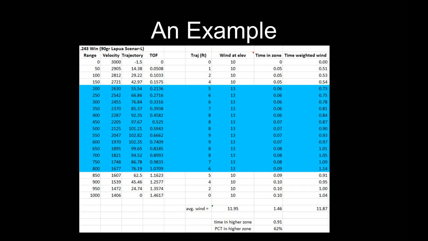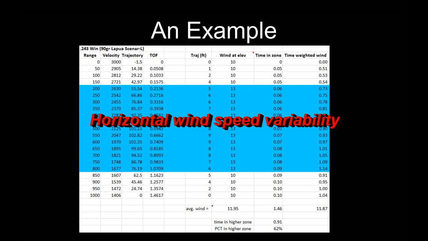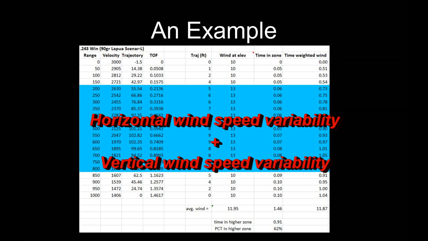Now what's even more important is to look at how much time my bullet spends being deflected at these higher wind speeds. Remember, the bullet is constantly decelerating the moment that it leaves the muzzle. The take-home message here is that we have not only horizontal wind speed variability, especially over long distances, but vertical wind speed variability as well.